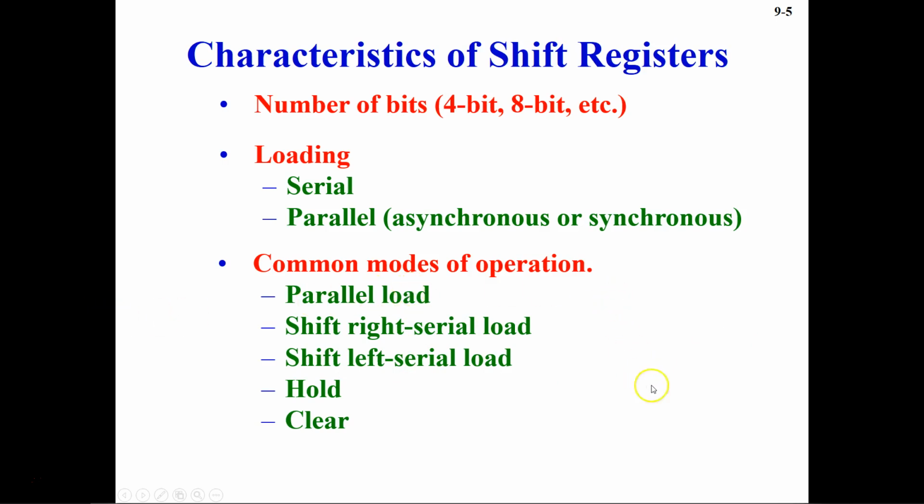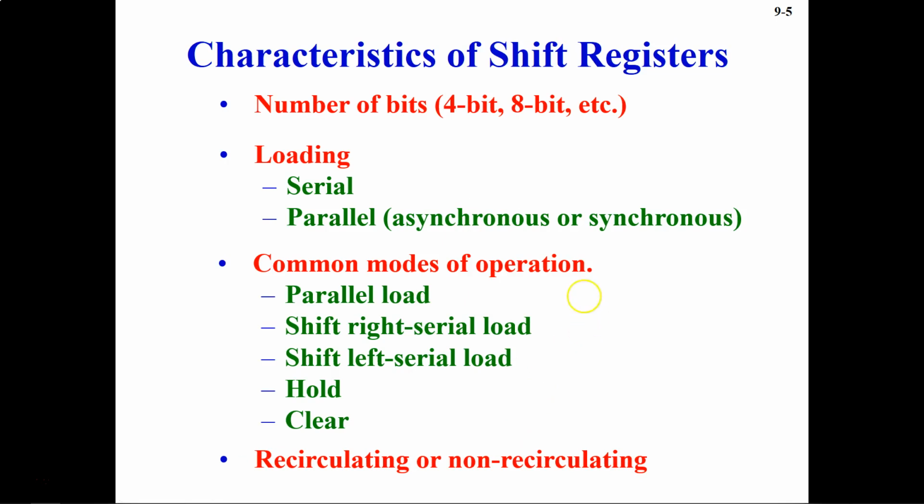And parallel load is going directly into the input and then going out of the output side. And then we have recirculating or non-recirculating type shift registers. We are going to see some of these in this lecture.